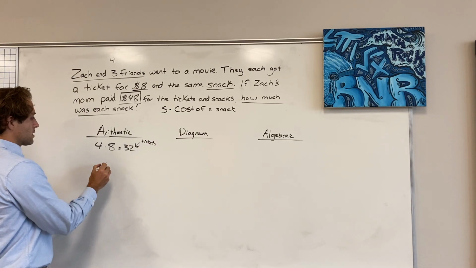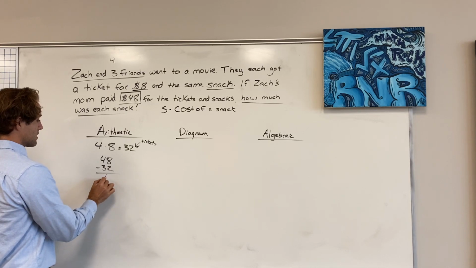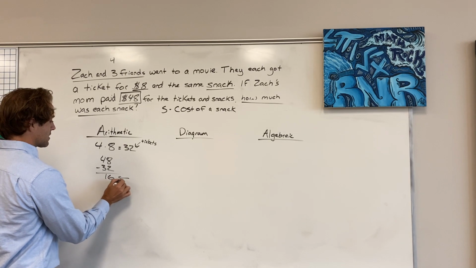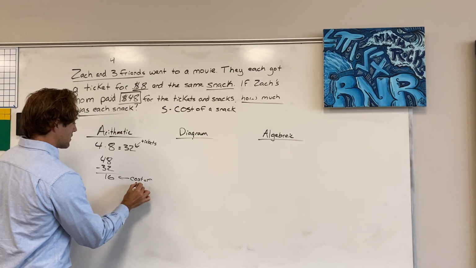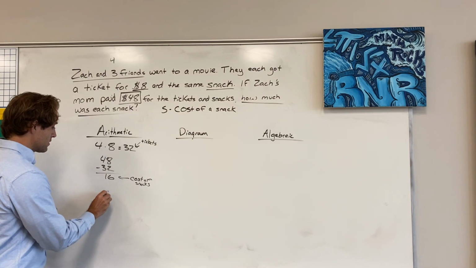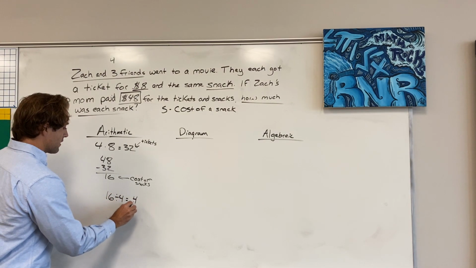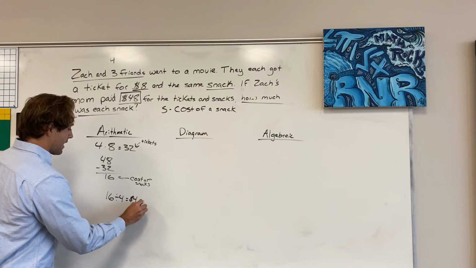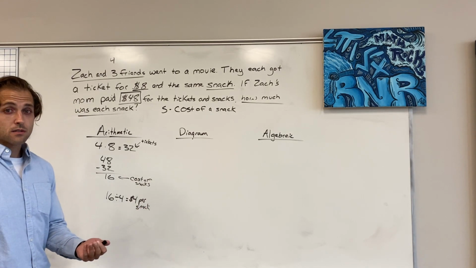And I know that the total cost was 48, so if I subtract the cost of the tickets, I get 16, and that's the cost of the snacks. And there were 4 people, so I could do 16 divided by 4, and that's $4 per snack. And that's the right answer, and that works.